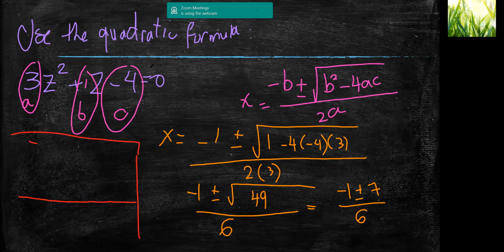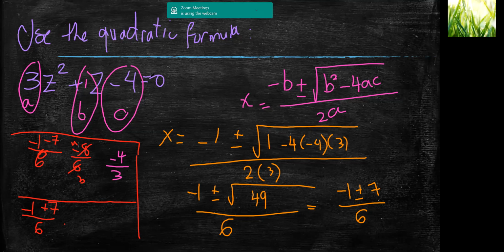We have negative 1 minus 7 over 6, and negative 1 plus 7 over 6. Negative 1 minus 7 is negative 8 over 6. If you simplify it, you get negative 4 over 3.